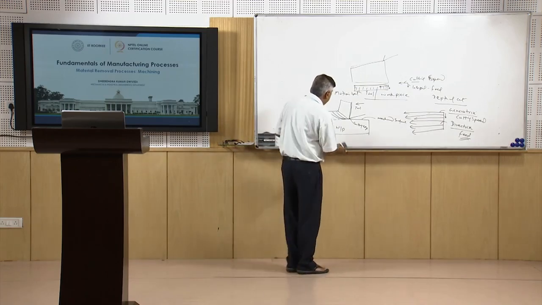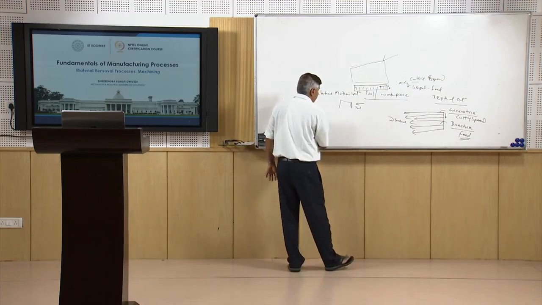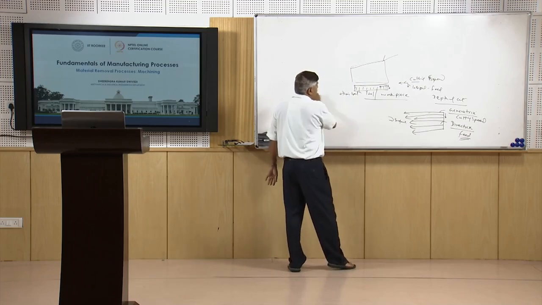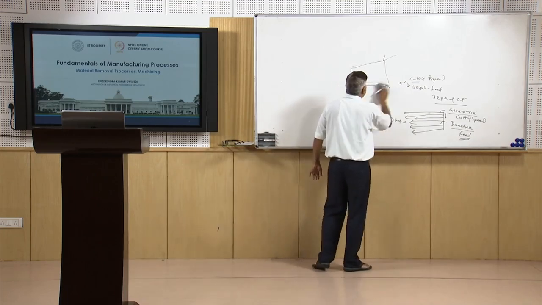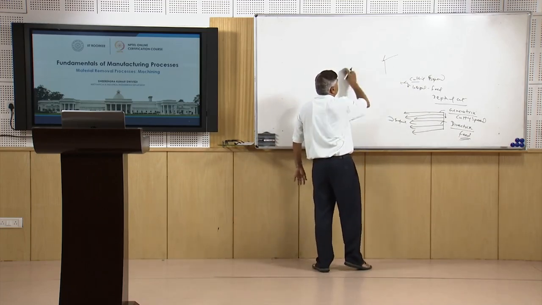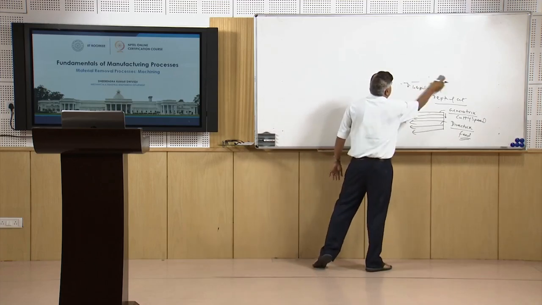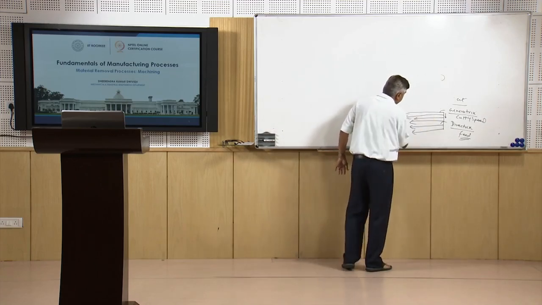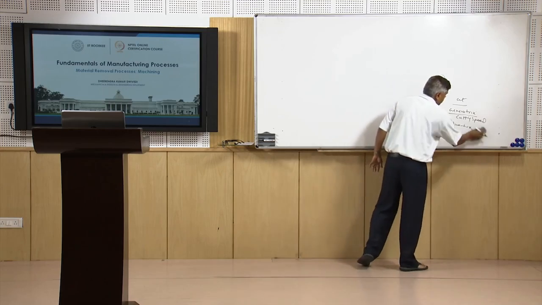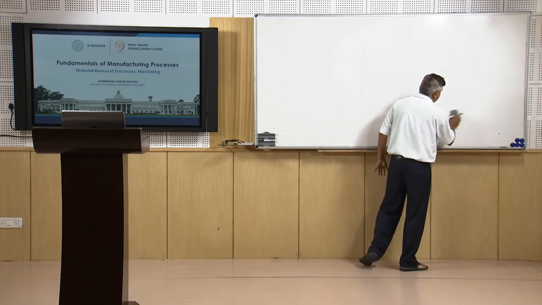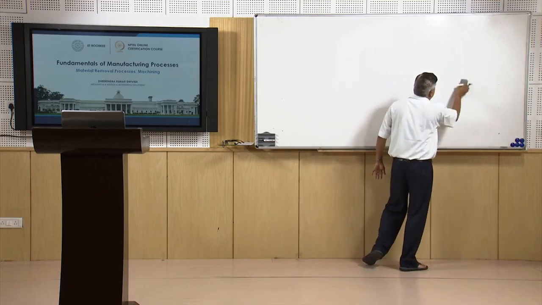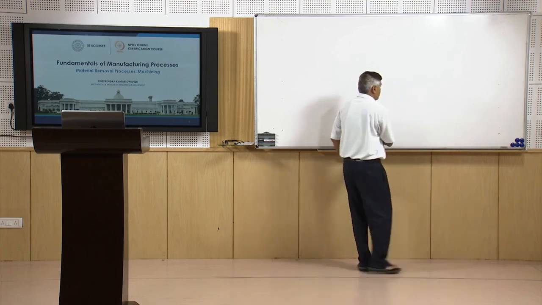So, we will see now how the relative movement between the tool and workpiece helps to generate a variety of sizes and shapes, so that these can be used effectively for generating the flat surfaces.